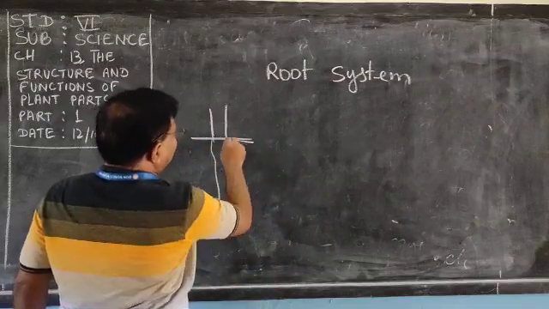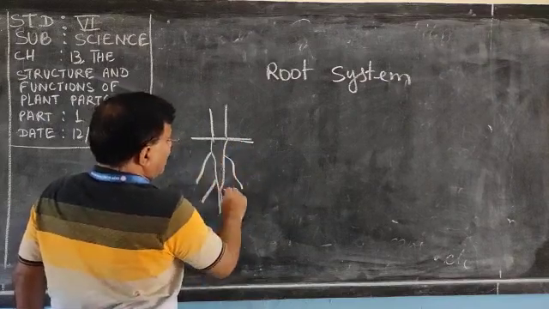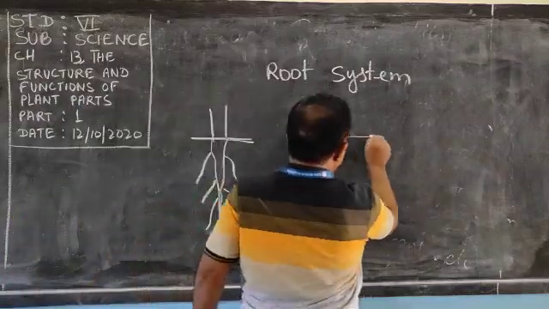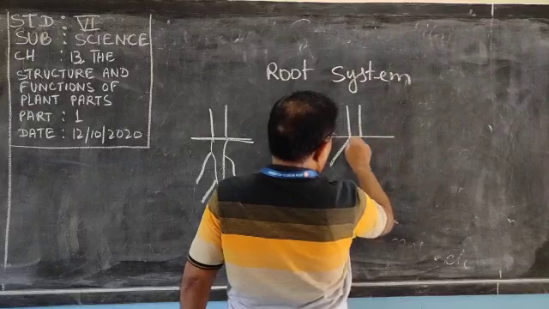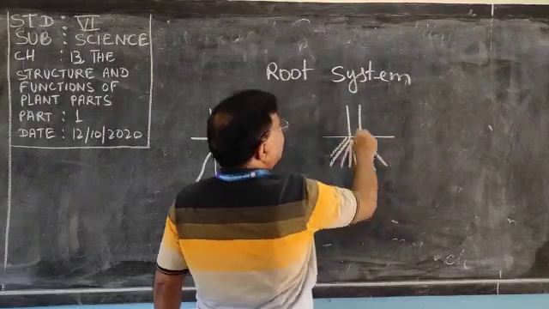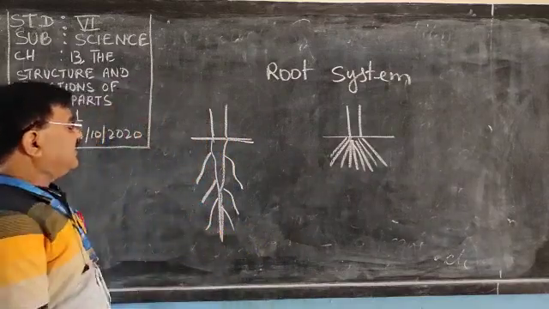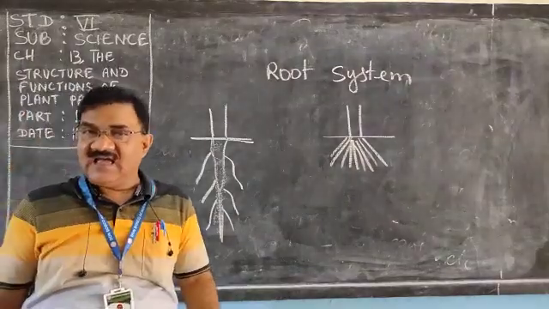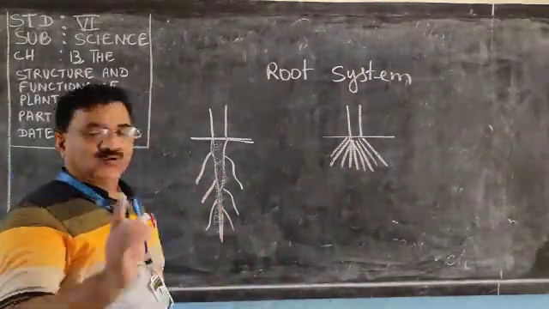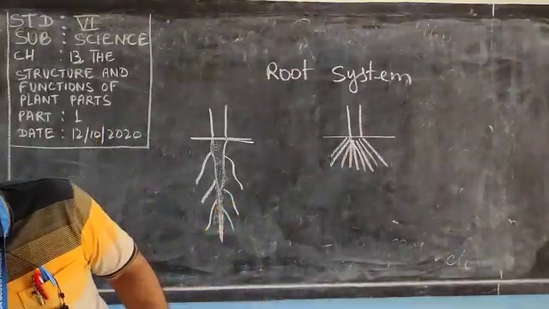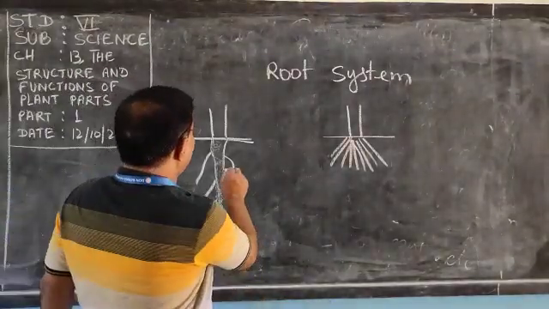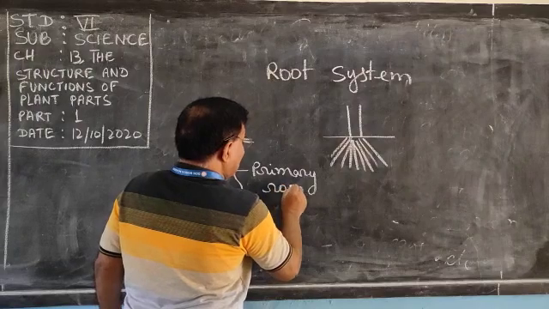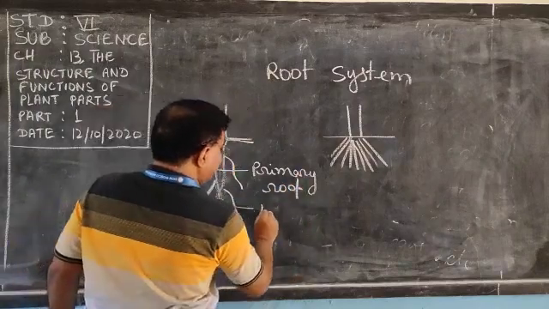Root is like this: one main root, and from the main root many branches come out. Have you ever seen this? Yes, you must have. Here one main root is there, and that is the primary root, and the others are the branches.